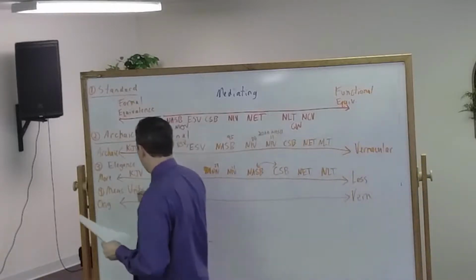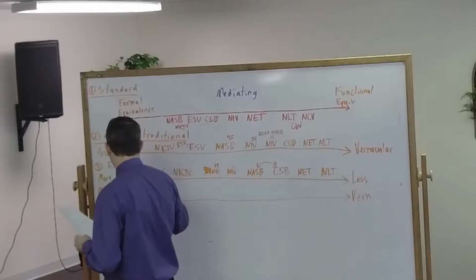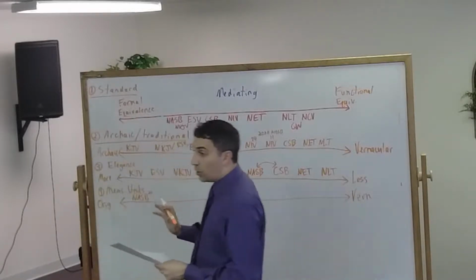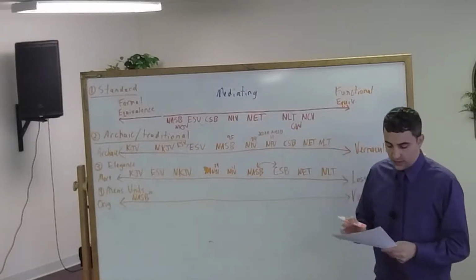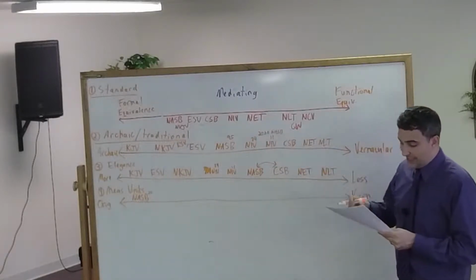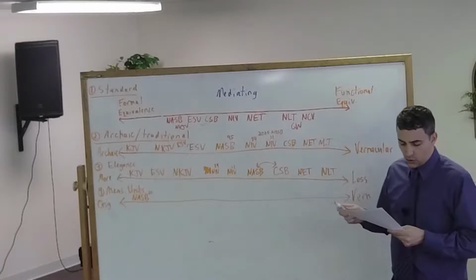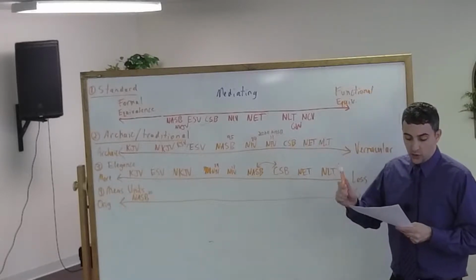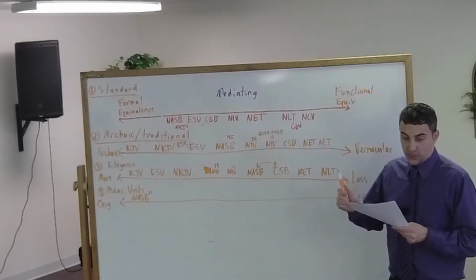A translation like the New American Standard, especially the 2020, tends to keep all the original measurement units. Here's an example, Luke 24:13. Who would look that up in the New American Standard 2020? And who would look up that same verse, Luke 24:13, in the ESV?